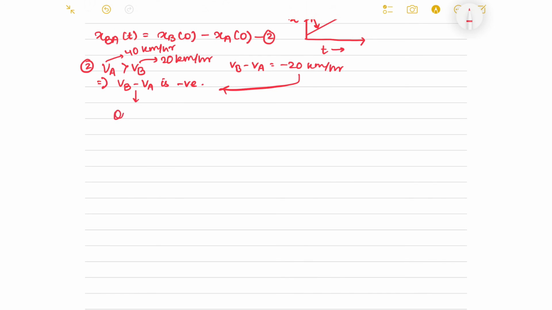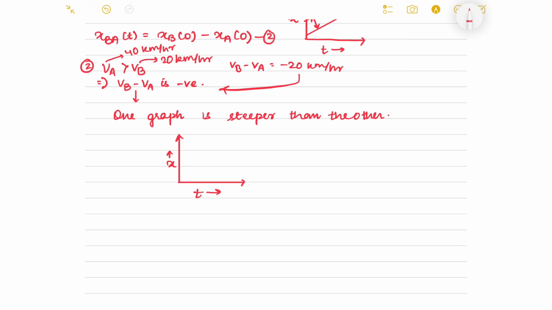In this case, one graph is steeper than the other. So we can draw the graph as this: x versus t. Steep graph for A, and for B it is given by this.